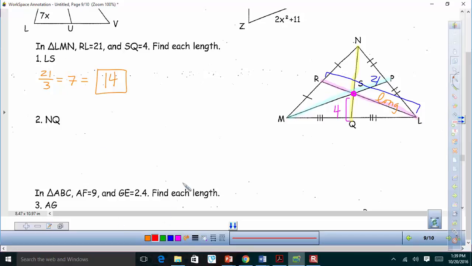Okay? Then they asked me for NQ. NQ is this whole length. Okay? And so if SQ is just one piece of 3 pieces, how would we get that whole? Not 4 divided by 3, because it's 4 the whole length. You would multiply. We would do 4 times 3.